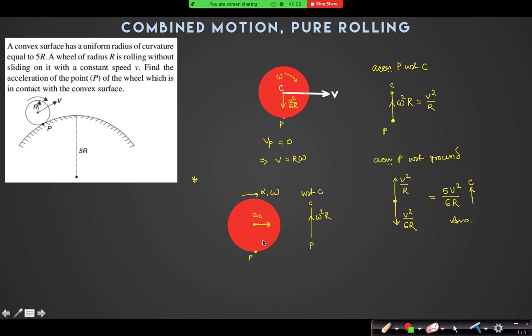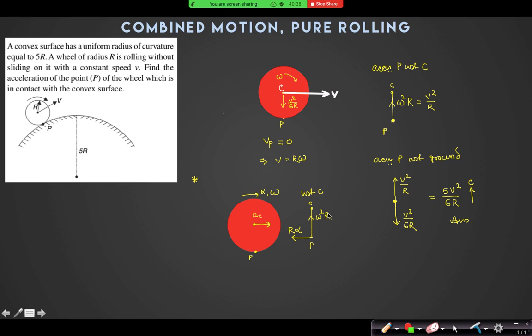Will there be no tangential acceleration of P? Then it should be slipping. With respect to C, I am talking about. With respect to C, it must have an R alpha. C is the center, P is moving in a circle with alpha and omega.